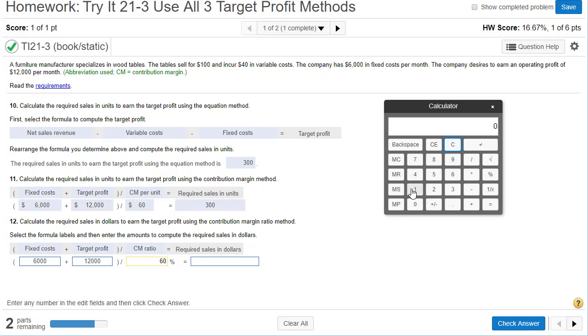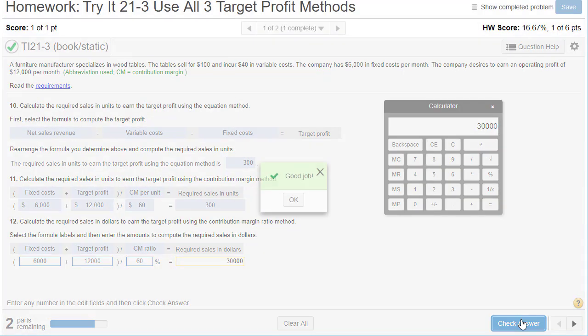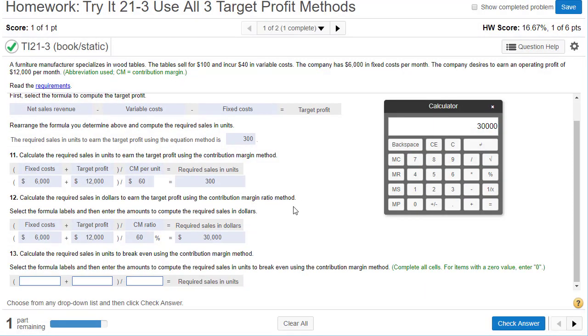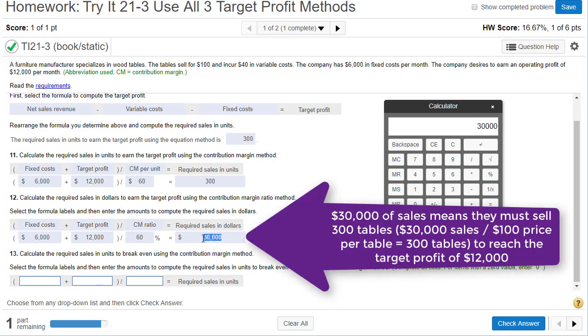So clear it. 18,000 divided by 0.6 gives us that $30,000. So what this $30,000 means is to reach this target profit of $12,000, the company has to sell enough wood tables so they have $30,000 in sales.